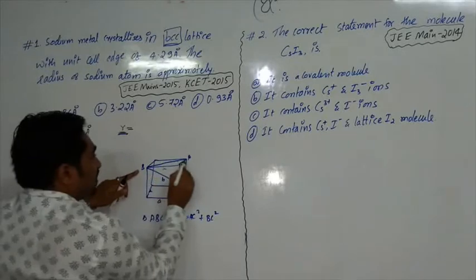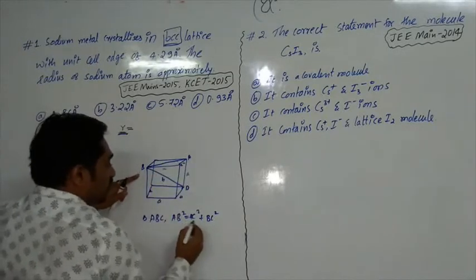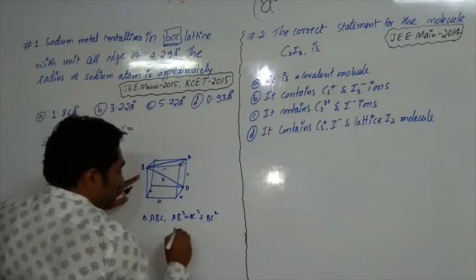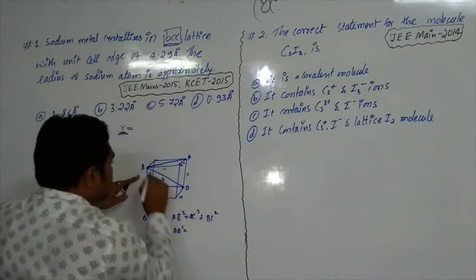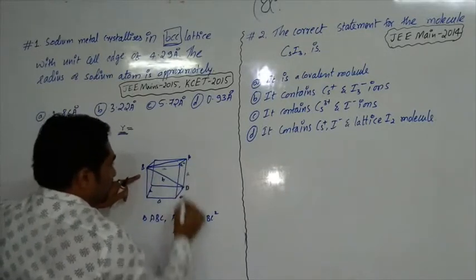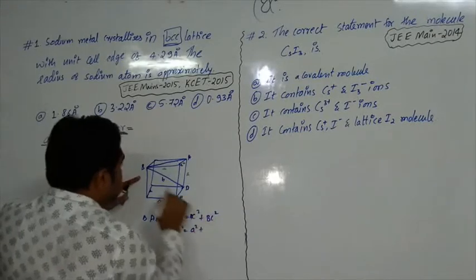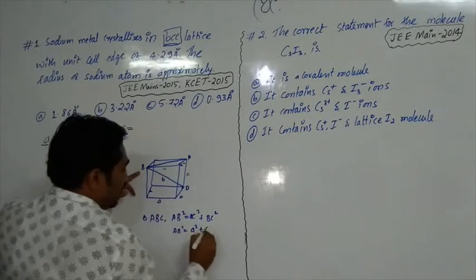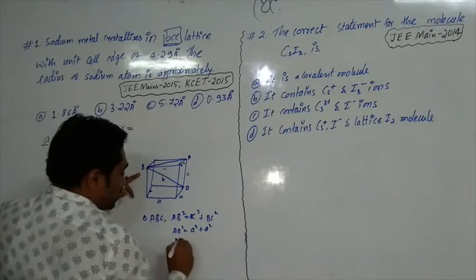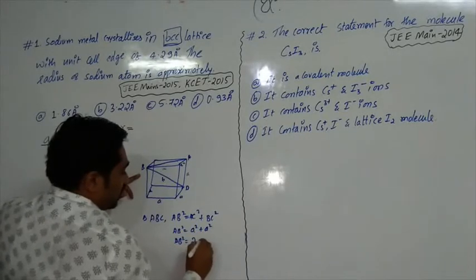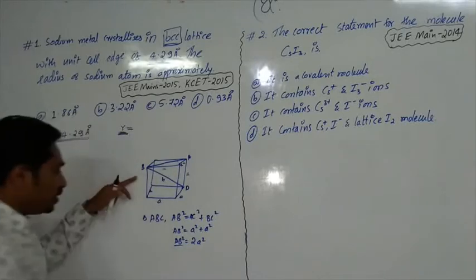The length of this face diagonal: AB square is equal to AC square plus BC square. AC means the length of the side, A square, plus BC, B to C is also A square. So AB square is equal to 2A square.